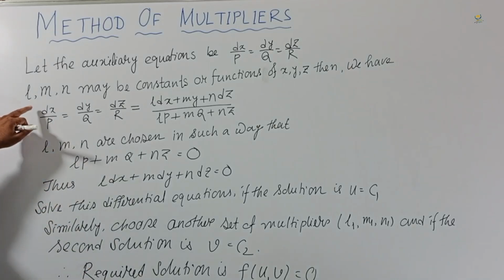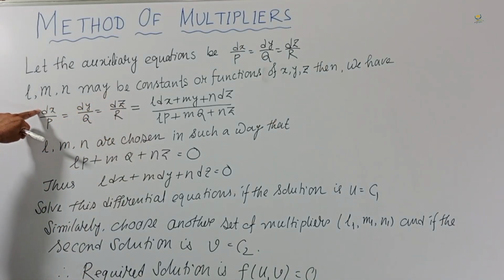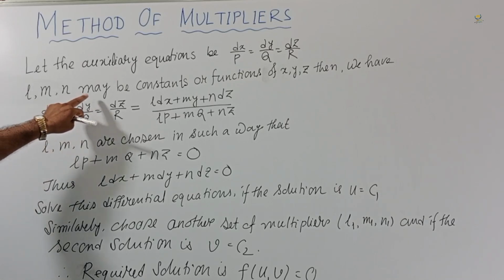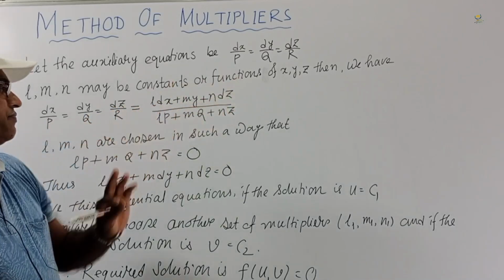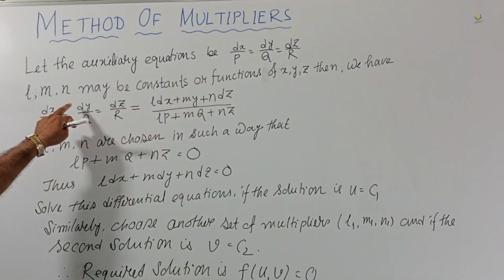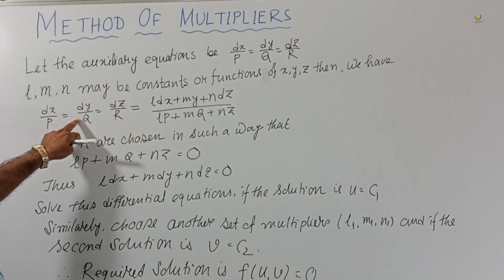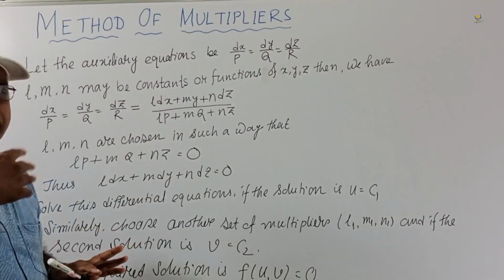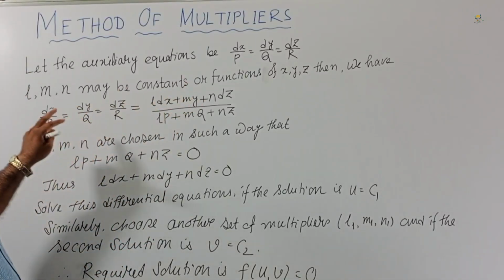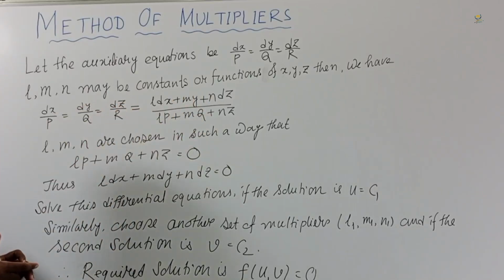Then we have dx by P, dy by Q, dz by R. If we multiply dx by L, then the denominator is also multiplied by L, and similarly M and N. Adding, we get L dx plus M dy plus N dz, and L P plus M Q plus N R. In a ratio, we can multiply and add the numerators and denominators by the same numbers.